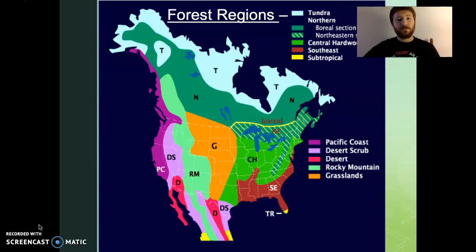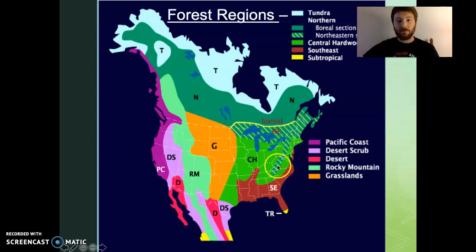Here are the forest regions. You have here the boreal forest. You have the central hardwoods. These run through much of the Midwest, as well as parts of the East Coast. You have the northeastern section.